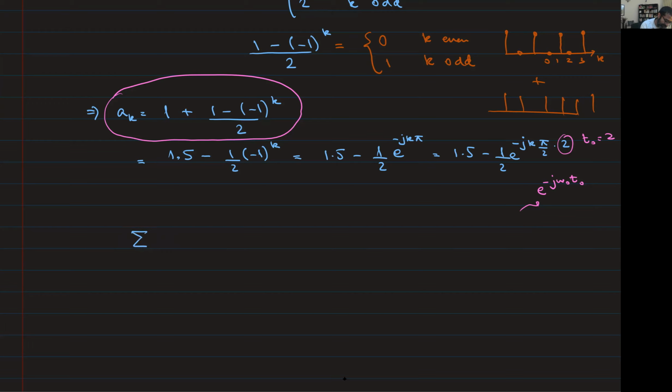If this is the sum of delta t minus 4n from minus infinity to plus infinity, the Fourier series coefficients for those are 1 by 4. That's something we've done in part A. No, Abdullah, that's a DC signal: 1.5 means that A naught is equal to 1.5. But what we have here is AK equals 1.5 for all Ks. So this is AK equals 1 by 4 for all K.